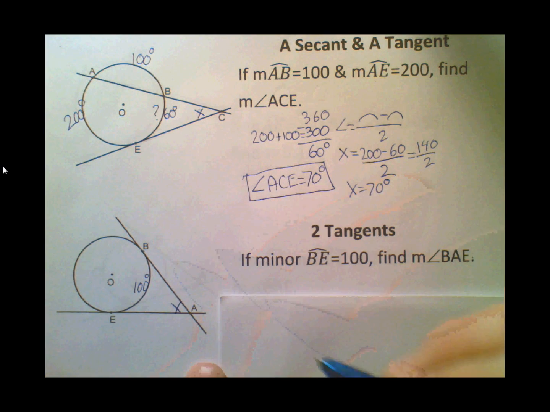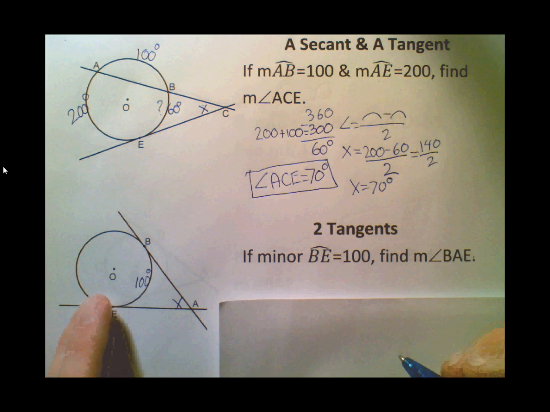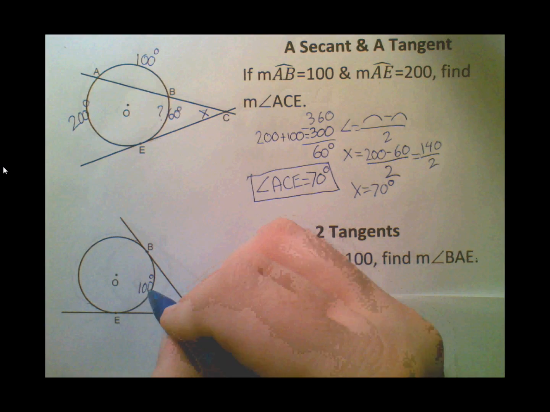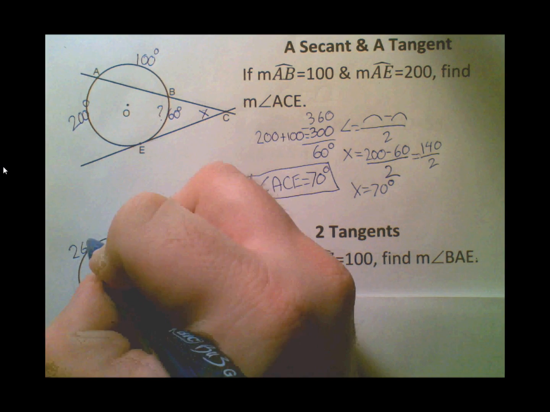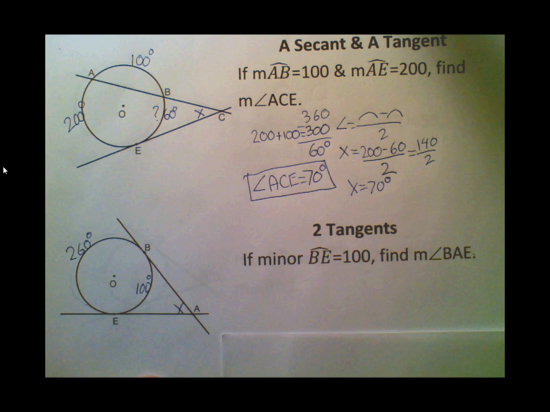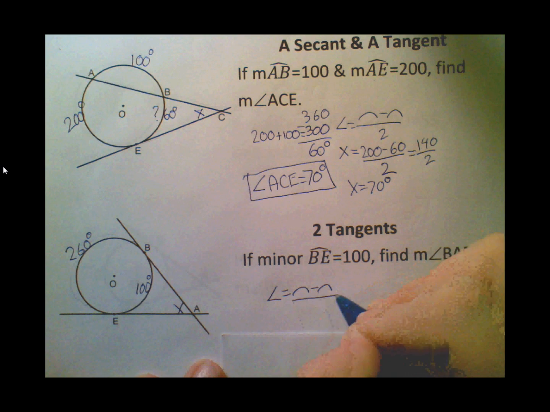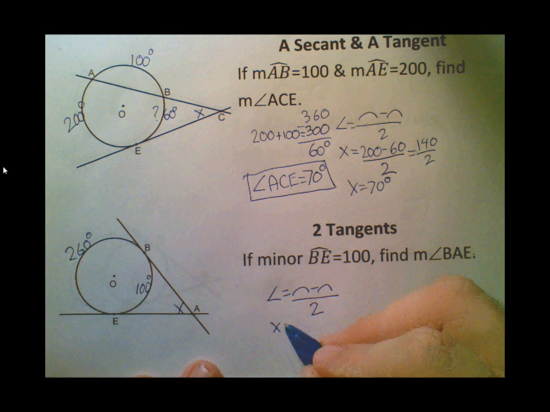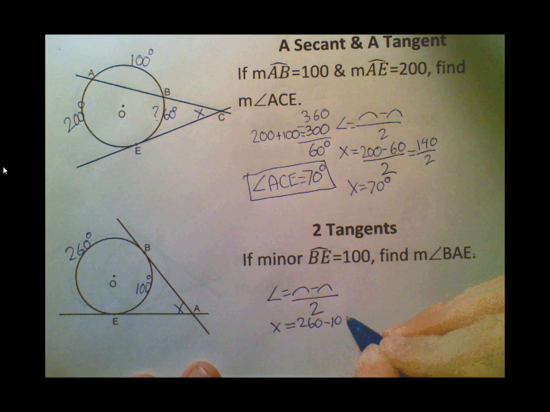Now, how can we figure out what the whole thing is? Well, let's look at it this way. If I know that this is the whole thing 360 and that's 100, therefore, we know that this is going to be 260 degrees. So then we do our formula. Angle is equal to arc minus arc divided by 2. And I know that x is equal to 260 minus 100 divided by 2.